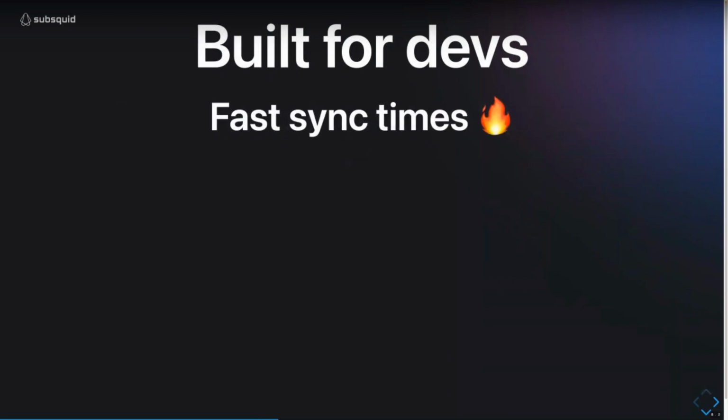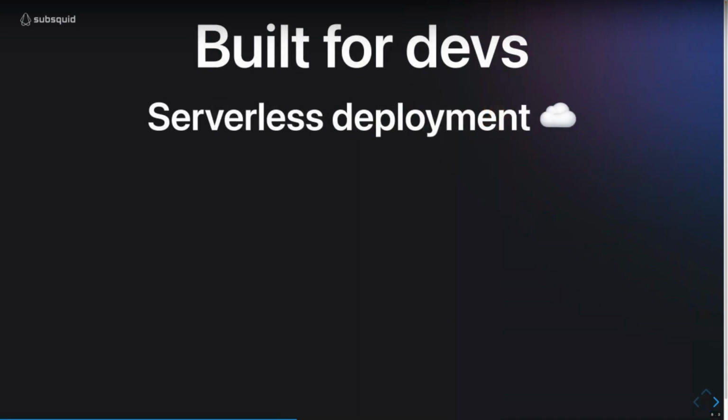It syncs up very fast. So even if you want to make changes to your API, you don't have to wait for weeks or days. It's just hours in the worst case, and sometimes even minutes. We have a serverless deployment hosting service, but you can also self-host if you want to.